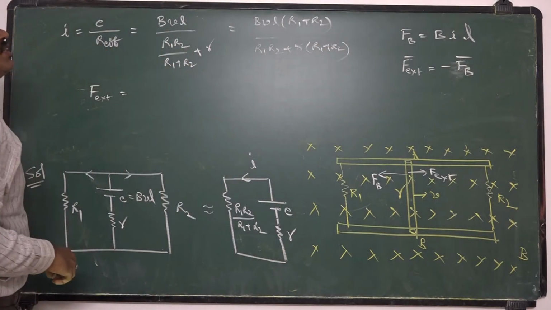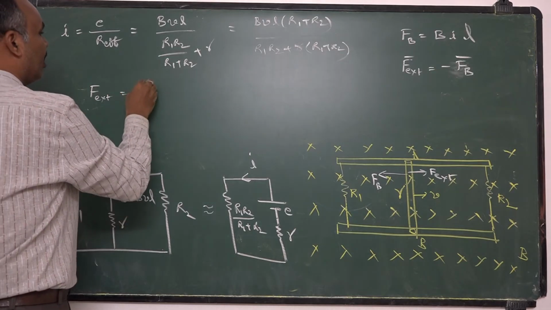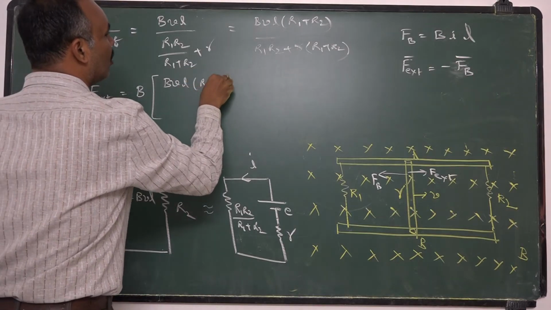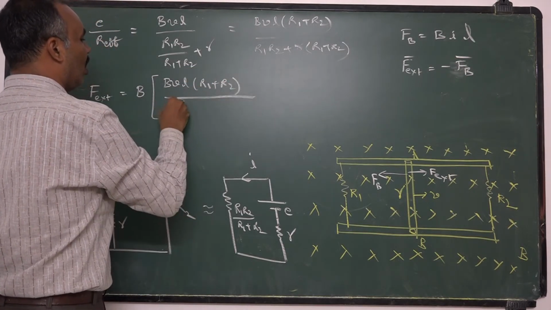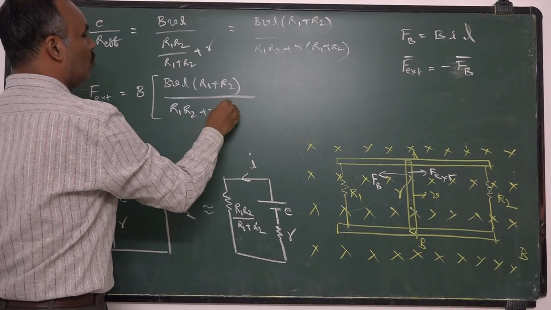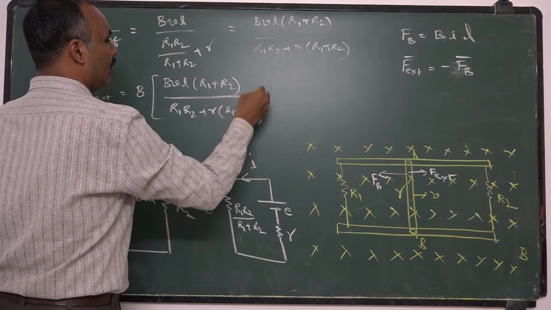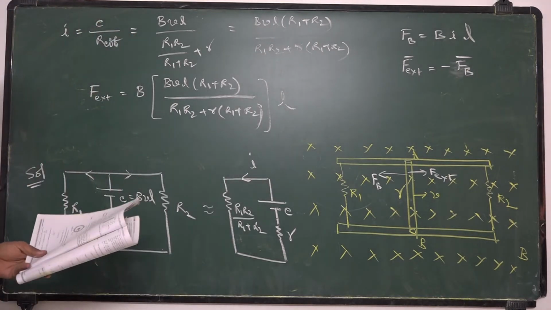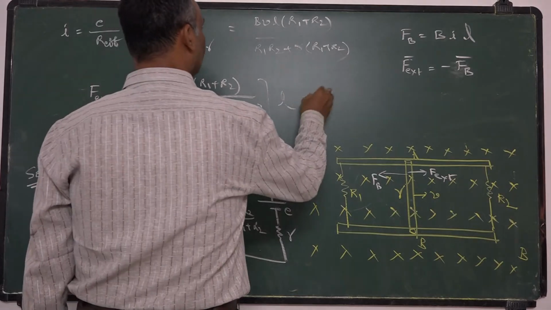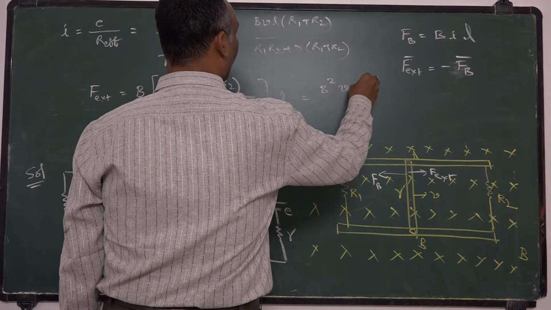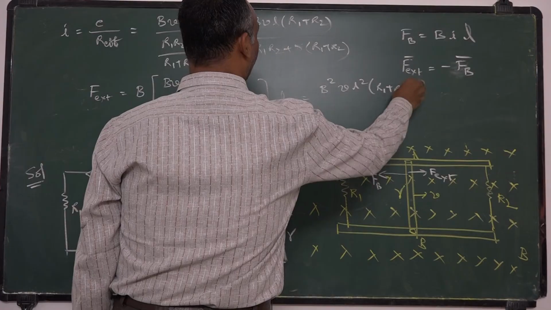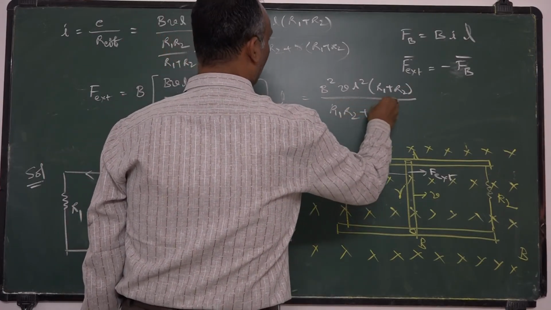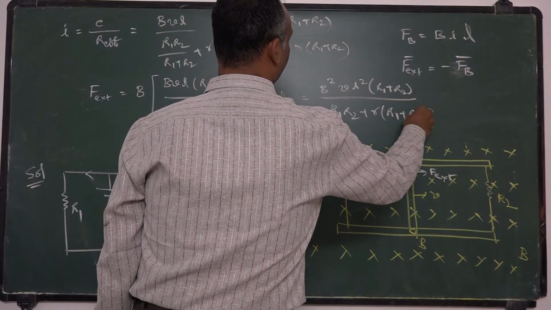Now the force required is nothing but BIL, the strength of the magnetic field into the current, BVL into R1 plus R2 by R1 R2 plus r into R1 plus R2, into L. With further simplification, B square V L square into R1 plus R2 by R1 R2 plus small r into R1 plus R2.